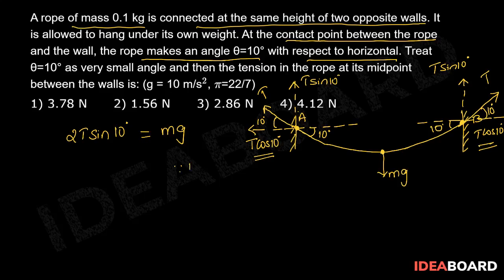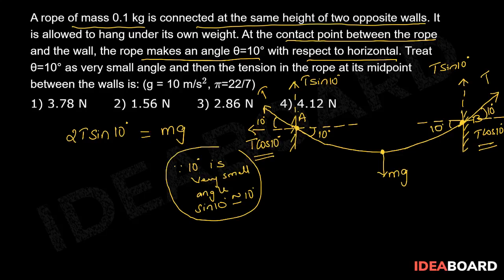Since 10 degrees is a very small angle, sin 10 degrees can be written as nearly 10 degrees. And 10 degrees can be written as 2 pi upon 360 multiplied by 10 radians.